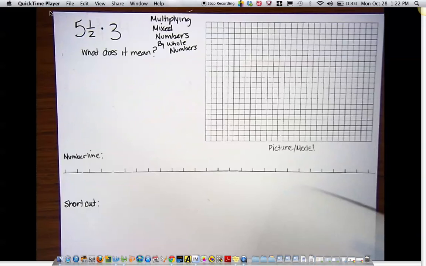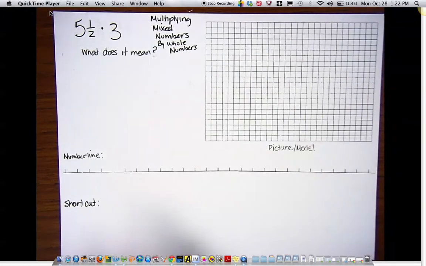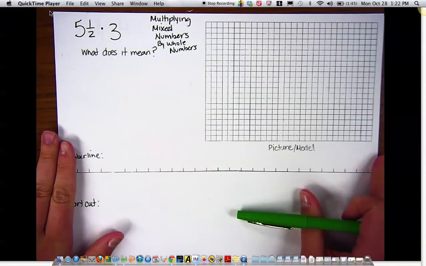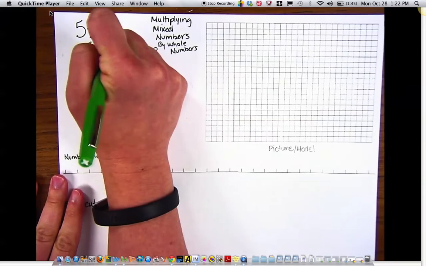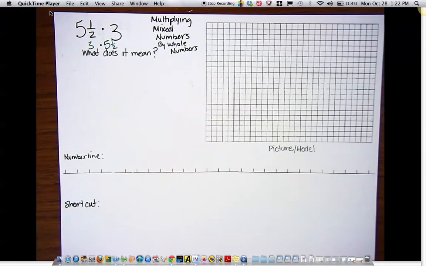All right, so multiplying mixed numbers by a whole number. A reminder that this problem is multiplication, so you may see it as 5.5 times 3, or you could see this problem as 3 times 5 1/2. What does it mean?